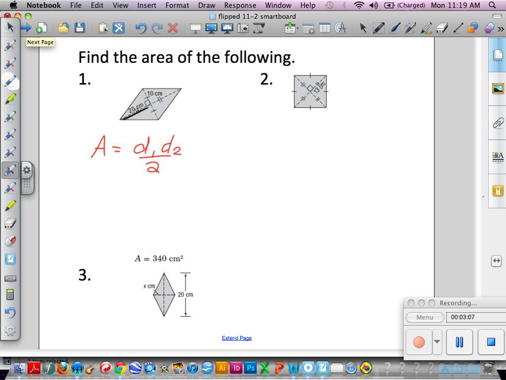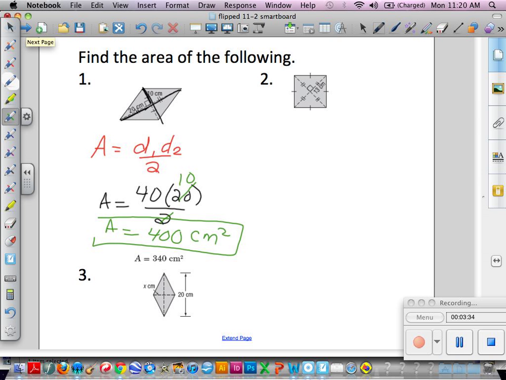Same thing with the other one. This is 10, so my whole diagonal is 20. I'm going to divide by 2. You don't even need a calculator here, I'm going to cancel. That's 10, so 40 times 10 is 400. And then don't forget your label, centimeters squared.